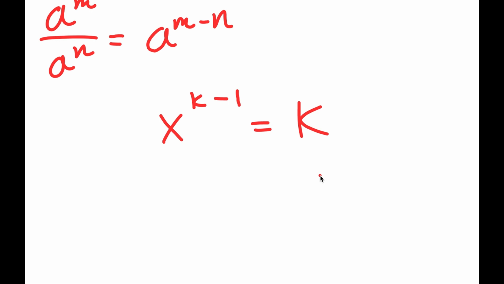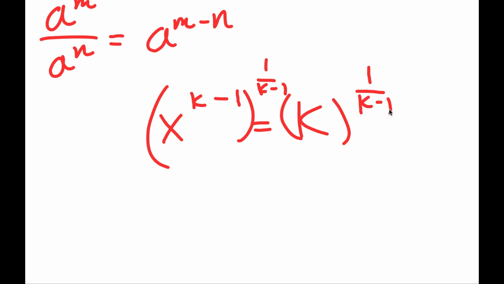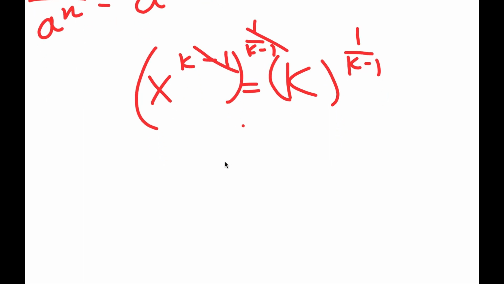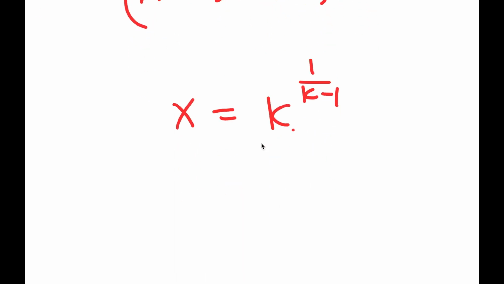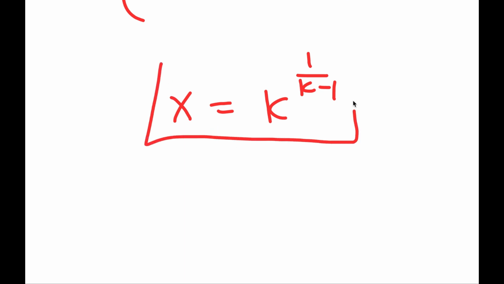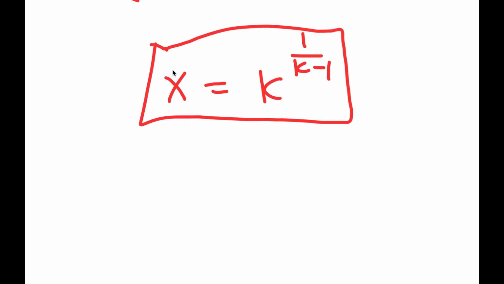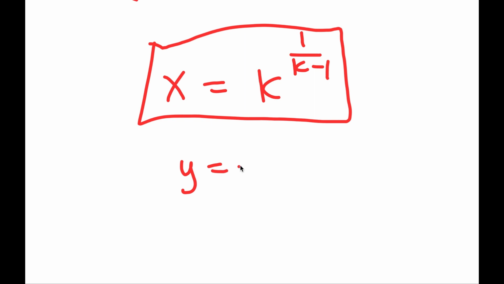And now if I take the power of 1 over k minus 1 on both sides, these two cancel out, and I get x is equal to k to the power of 1 over k minus 1. So this is the value of x. So now remember how y is equal to k times x.